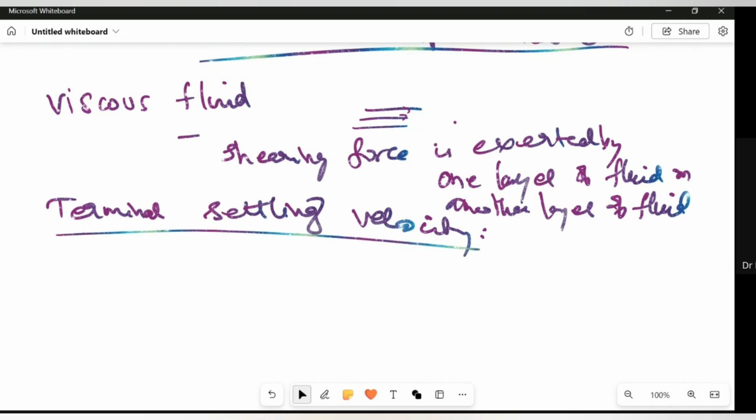Terminal settling velocity is a constant velocity reached by the particle when the gravitational force which is pulling down the particle will equal the resisting drag force.